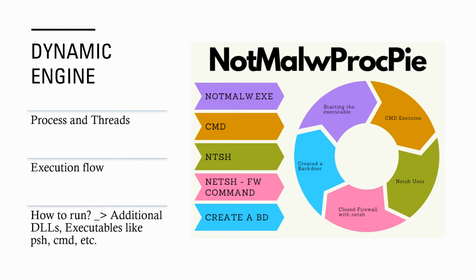Maybe our executables use additional DLLs or executables like PowerShell.exe or cmd.exe, like molprepy. These are examples for the dynamic engine. The dynamic one can find these types of examples. Okay.